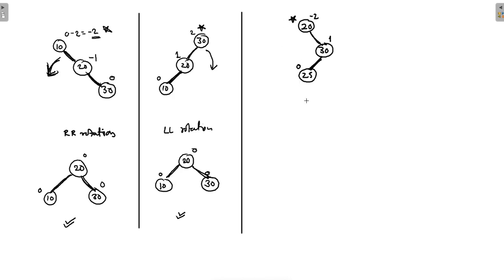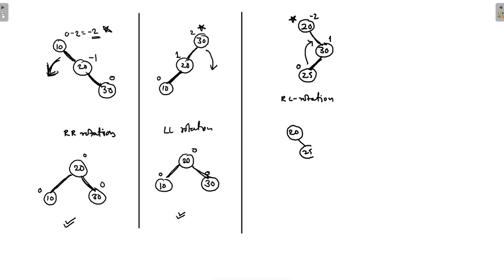Now this is a different case. Here you need two rotations. This rotation is called right left rotation. So how do you make this tree a balanced tree? Rotate this 25 towards the right-hand side. Once you rotate this, it will look like this: 20, then 25.